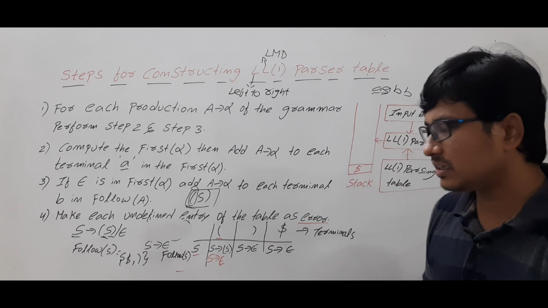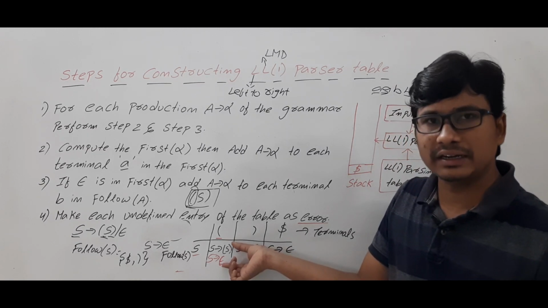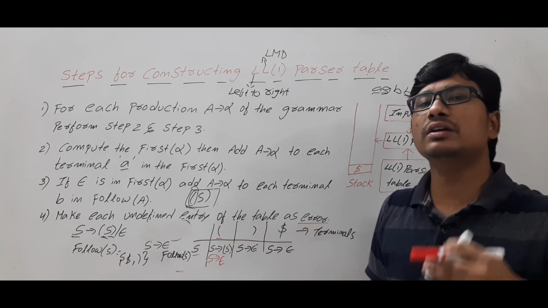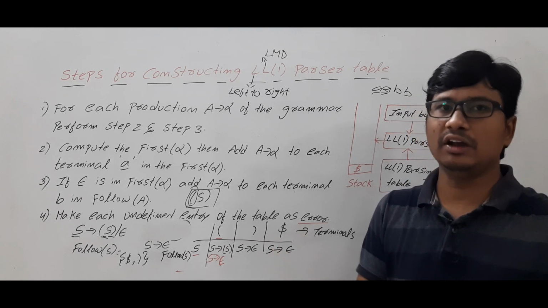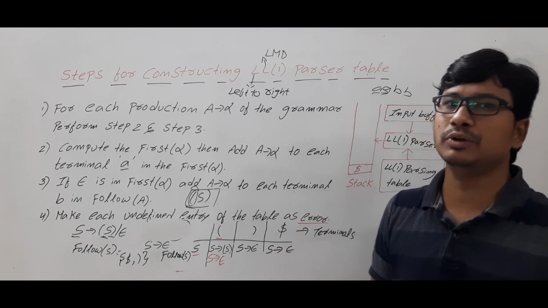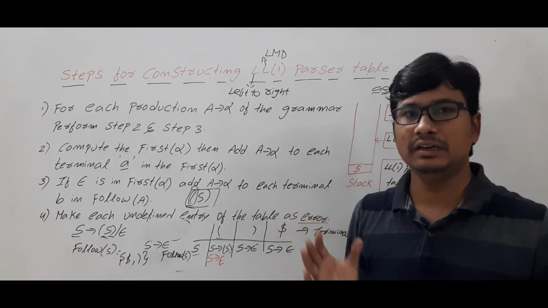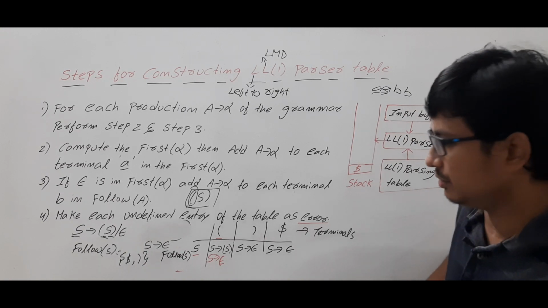Slowly I will discuss them, don't worry. If you have two entries, then for that grammar, you cannot construct the LL1 parsing table. If you cannot construct the LL1 parsing table, you cannot parse using the LL1 parser. I hope it is clear for you.